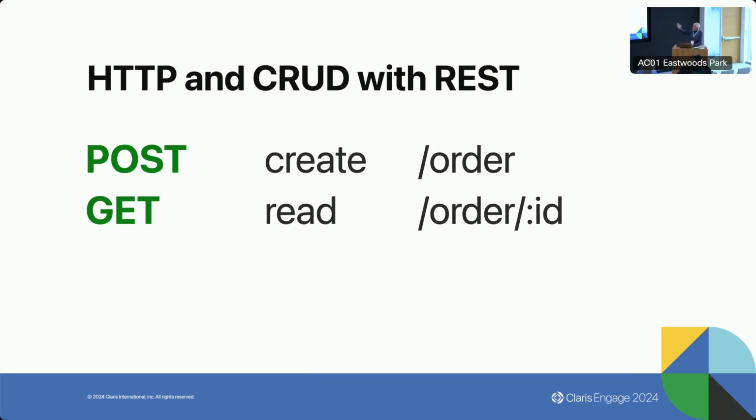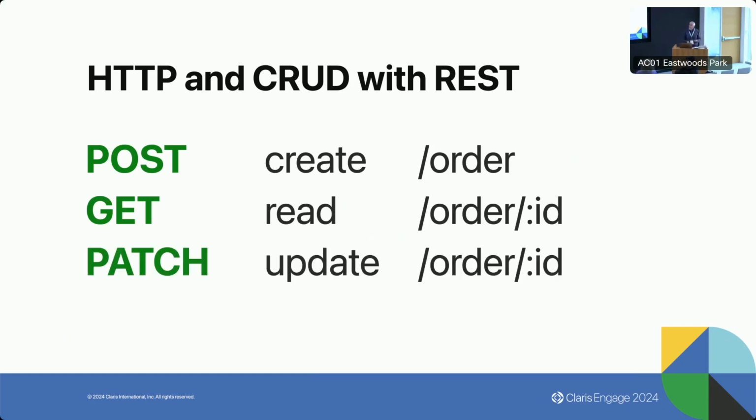If we wanted to get data, that's our read in CRUD. So we would say the order endpoint and the ID of the order that we are interested in. When we do a patch, we use that to update that order in the remote system. Sometimes you might see put used when you're working with APIs. Some APIs will use put.